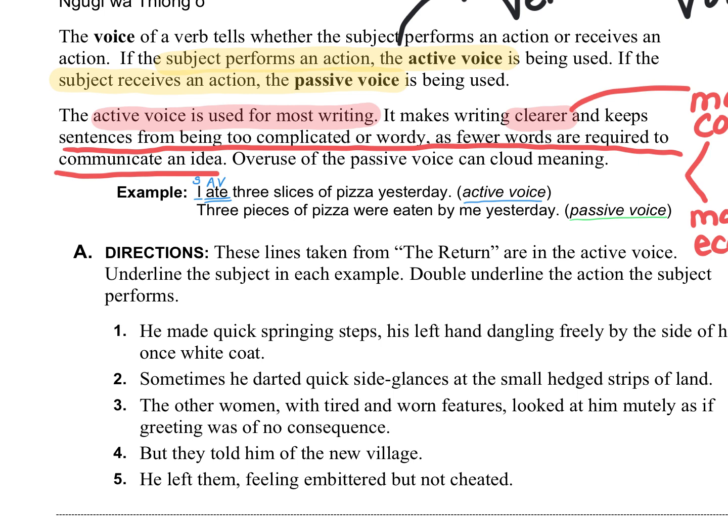Okay, so if you're back, you know that the complete subject would be 3 pieces of pizza. Okay, if you wanted just the simple subject, it doesn't matter for our purposes here.